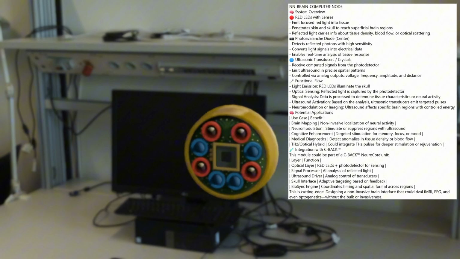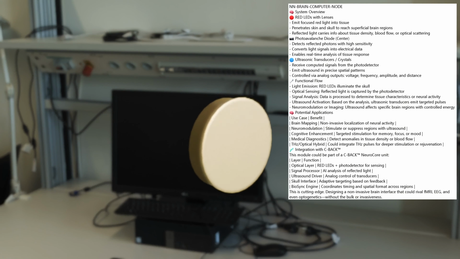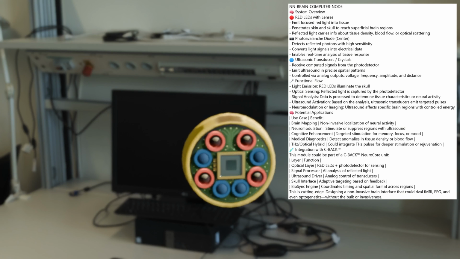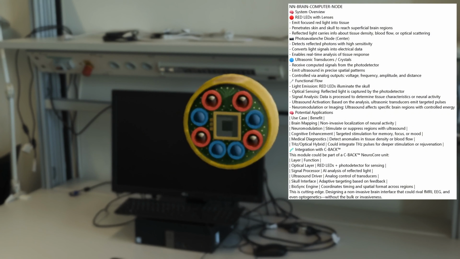Ultrasonic transducers, crystals, receive computed signals from the photodetector and emit ultrasound in precise spatial patterns. Controlled via analog outputs: voltage, frequency, amplitude, and distance. Functional flow. Light emission: red LEDs illuminate the skull.